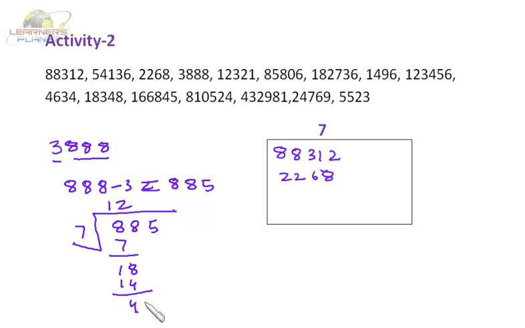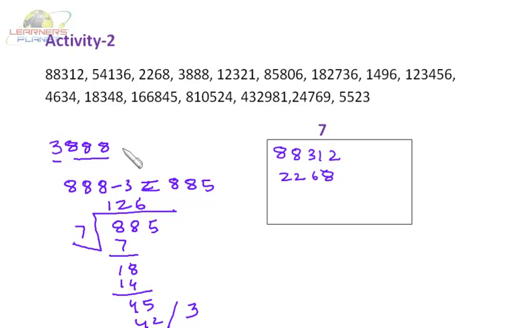It's 4. Then we take 5. 7 sixes are 42. So we are left with remainder as 3. Okay. That means 885 is not a multiple of 7, or we can say 885 is not divisible by 7. So the complete number will not be divisible by 7.